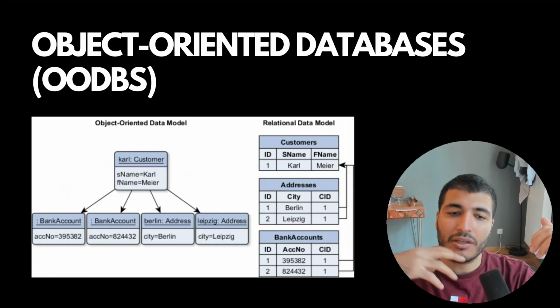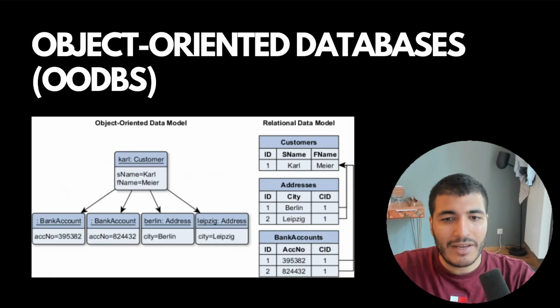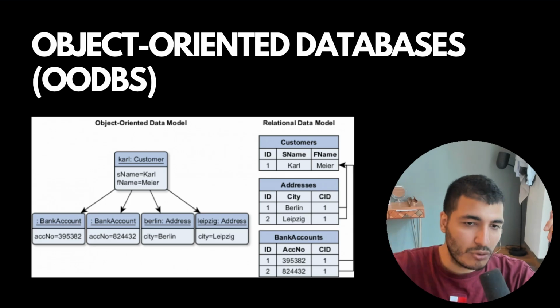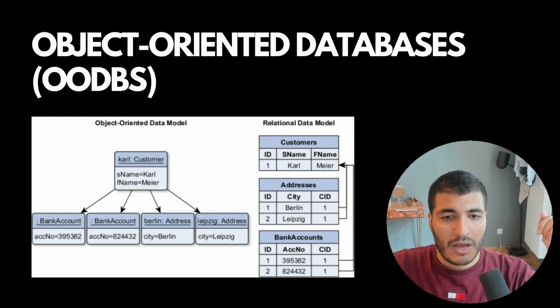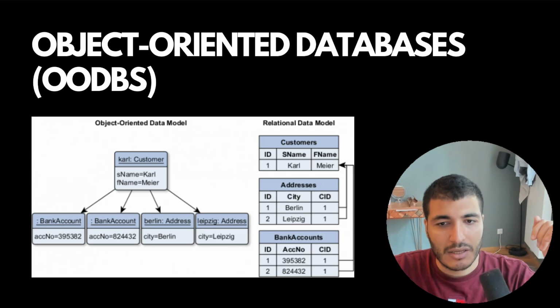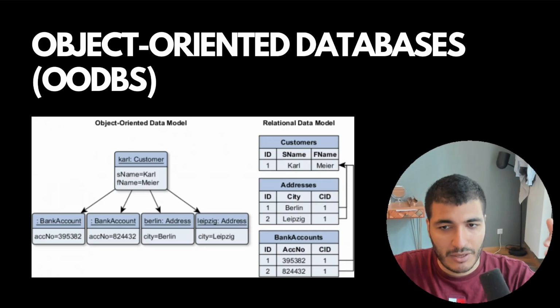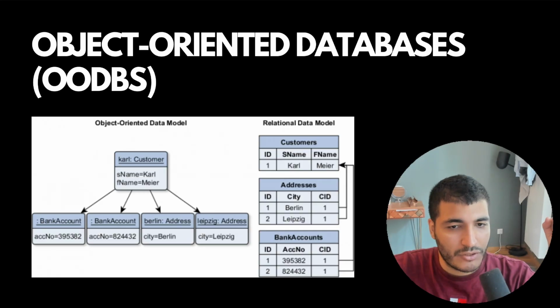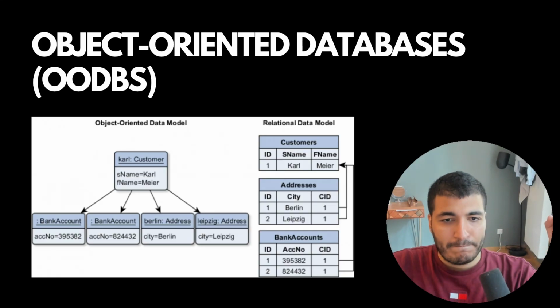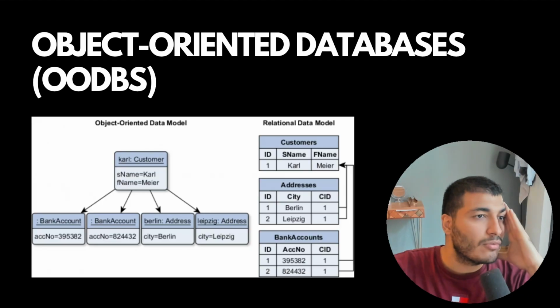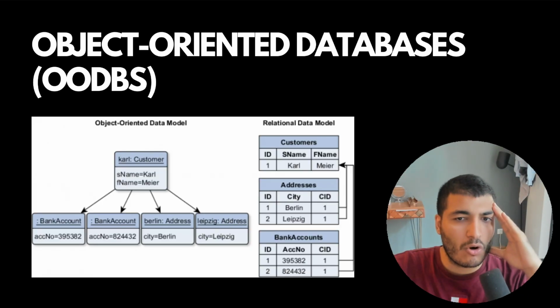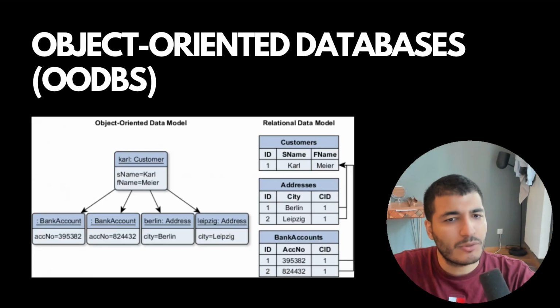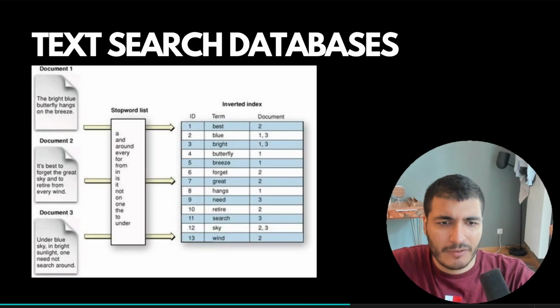They are also great in multimedia databases, storing and managing multimedia items like images, videos, and audio files, where the encapsulation of data and associated operations like play or edit can be beneficial. If you want an example of an object-oriented database, there is ObjectDB, which is one of the most popular object-oriented databases.